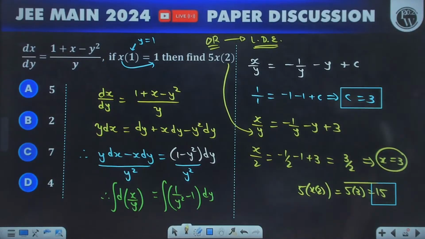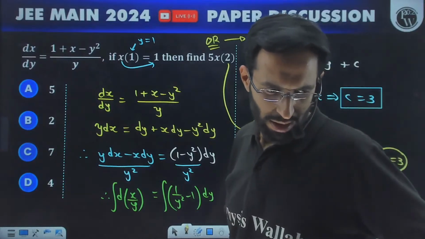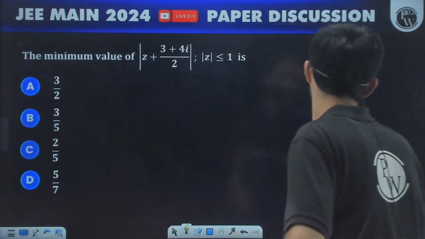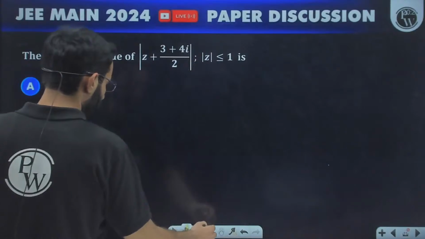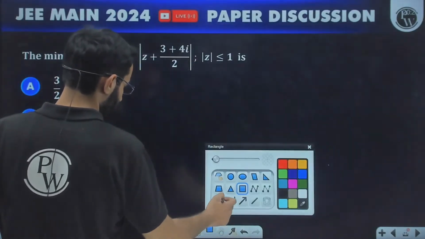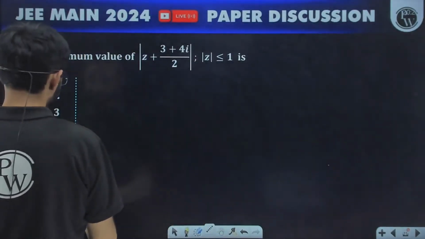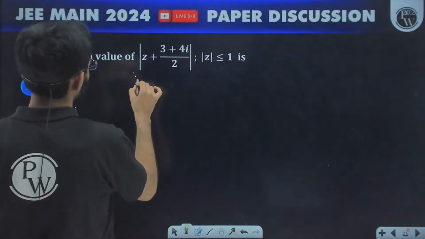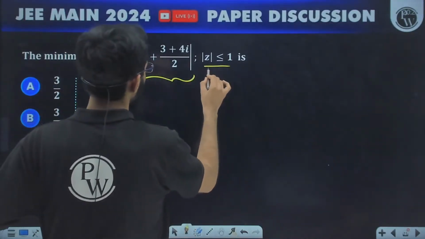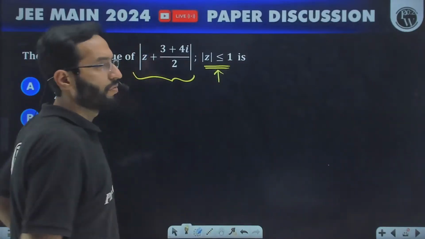Can we move towards next question, please? Great, great, great. Now see, minimum value of this function. We need to find minimum value of this expression, provided that mod z is less than or equal to 1.